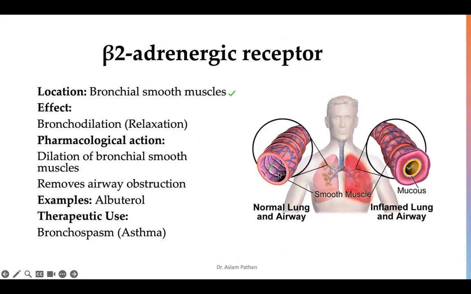Activation of beta-2-adrenergic receptor causes bronchodilation, or we can say relaxation. We need relaxation if there is a bronchoconstriction, and the bronchoconstriction occurs in bronchospasm or asthma.